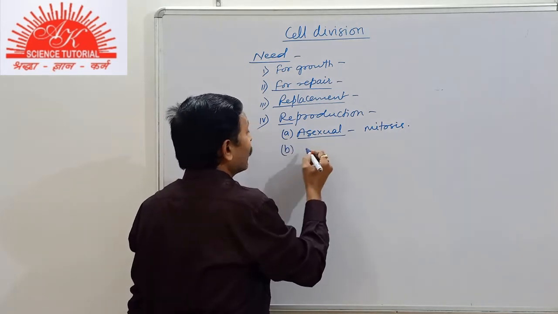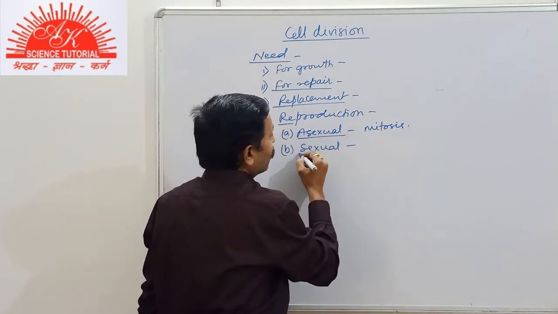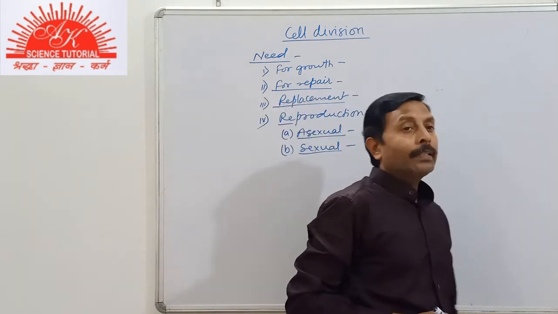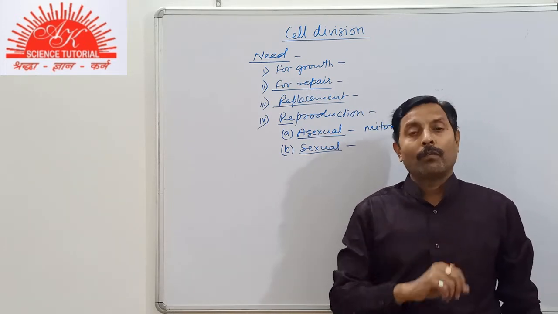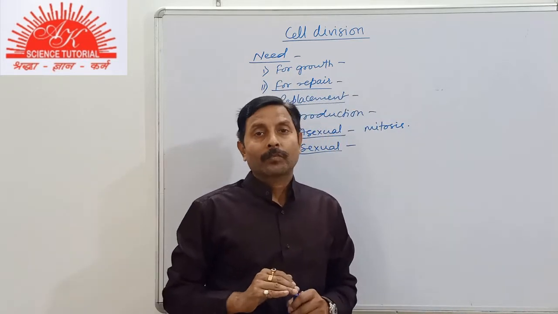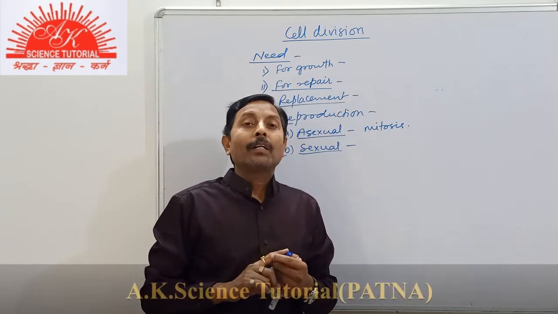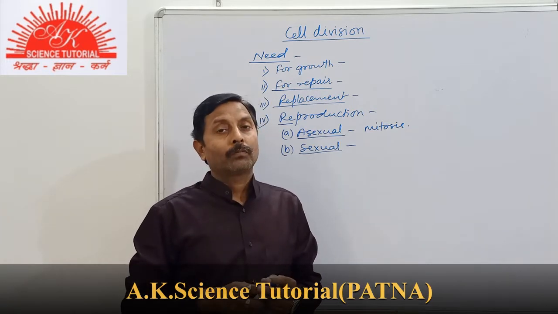Second, sexual reproduction. In this process, the fusion of male and female gametes takes place. The gametes are haploid in nature. That is, they have a single set of chromosomes, half the number of chromosomes.